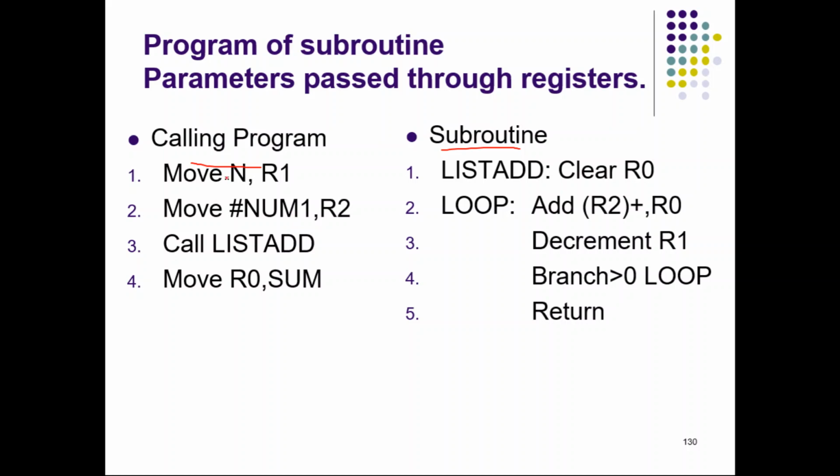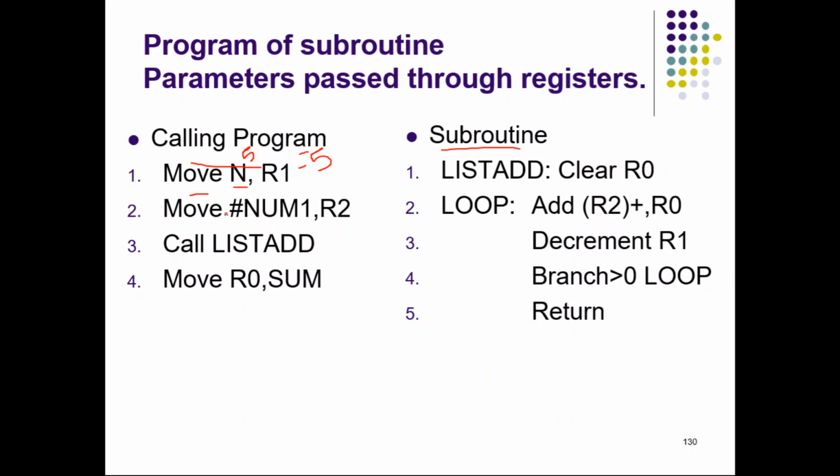This n also refers to a memory location which contains the number of values to be added. First we are doing move n comma r1. If n is 5, then r1 will have 5. It means totally we want to add 5 numbers.